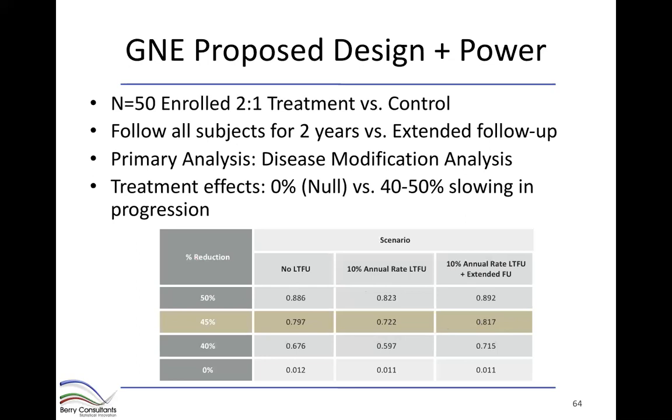So allowed some people to be followed for 2.5 or 3 years. Well, we could gain all that power back, get back to about 82% power. So you can see just with these virtual patient simulators and clinical trial simulations, you can answer a lot of questions that investigators might have in terms of how does power suffer if we have different assumptions.